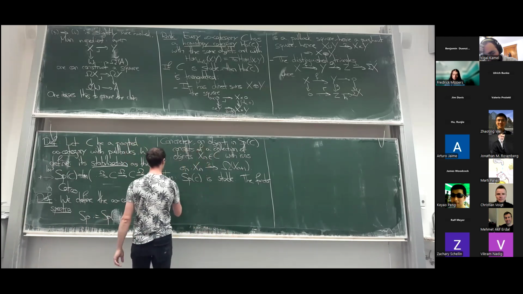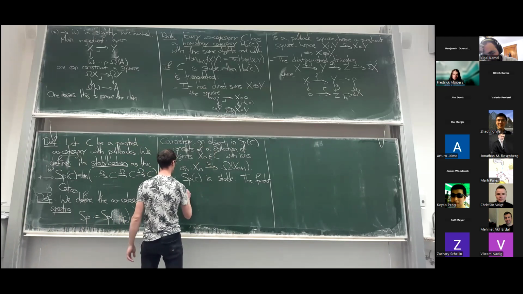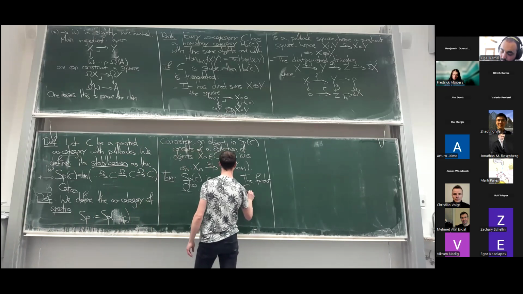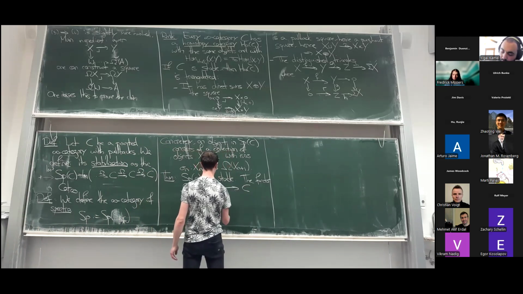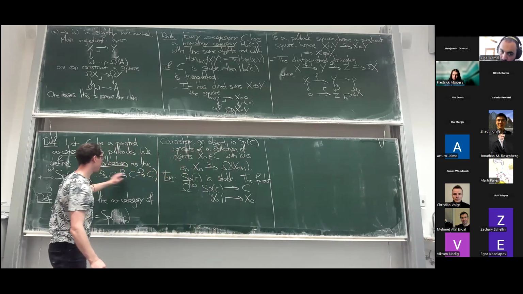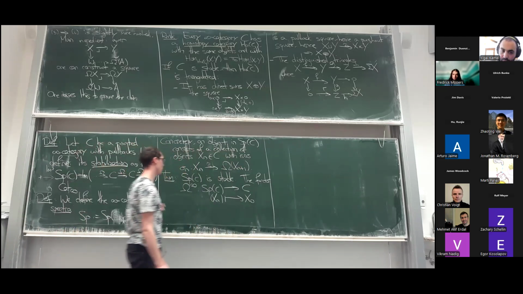And furthermore, it has a functor to the original C, which just sends such a collection X_n to the very final object in the sequence, X_0.